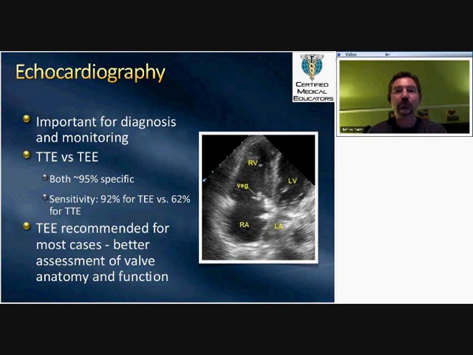Generally, we're going to want to get a transesophageal echo. Now, there might be cases where it wouldn't really change the treatment. Maybe you have a patient who's extremely debilitated. There are cases where you might not need to get that echo, but in most cases, the transesophageal offers a much better look at the valves, especially the aortic, and you're going to want to get that as part of your workup.